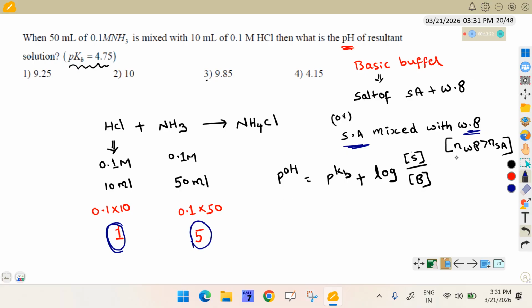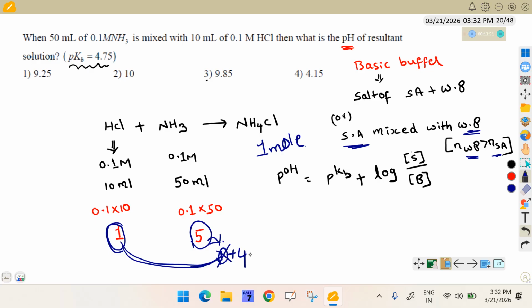So the number of millimoles of base is more compared with the number of millimoles of acid. 5 is also written as 1 plus 4. 1 mole of acid reacts with 1 mole of base, then it gives 1 mole of salt. So 1 mole of base has already reacted.